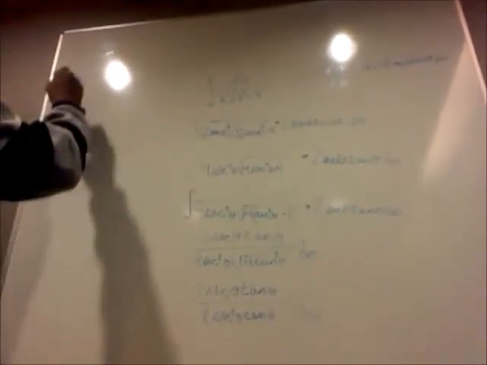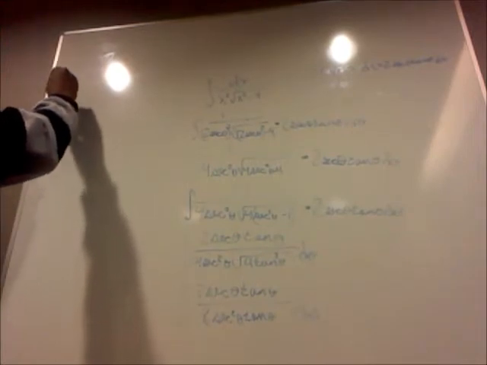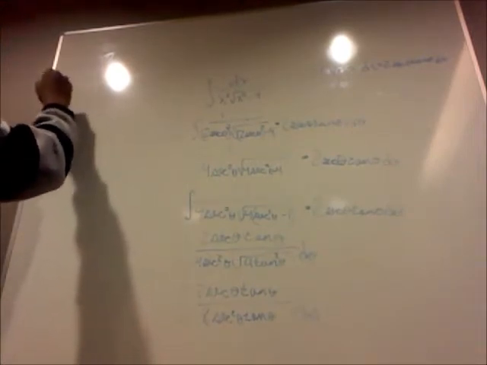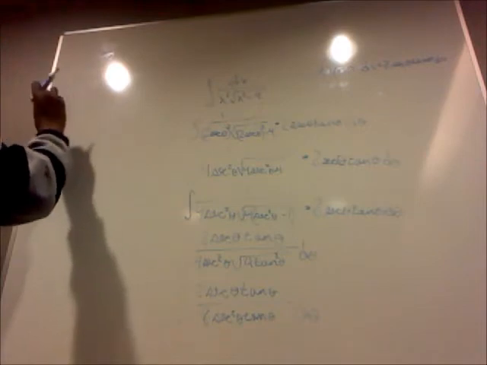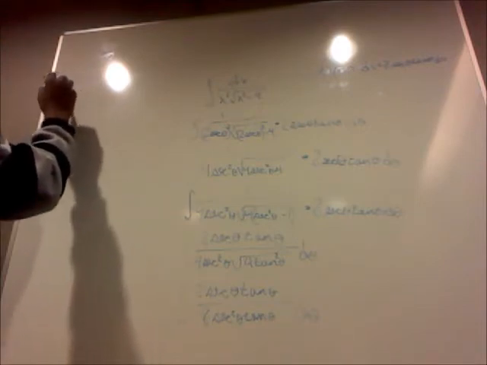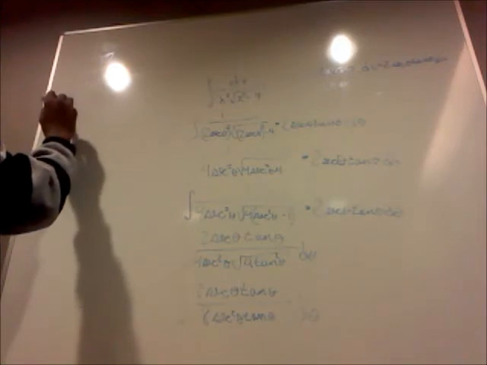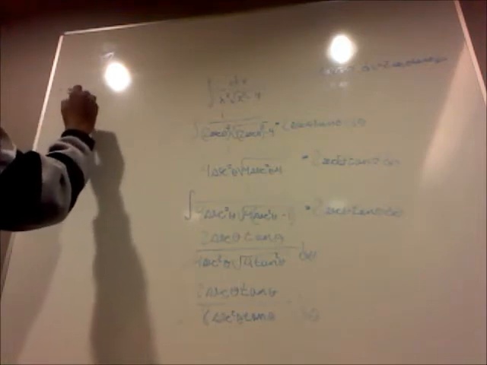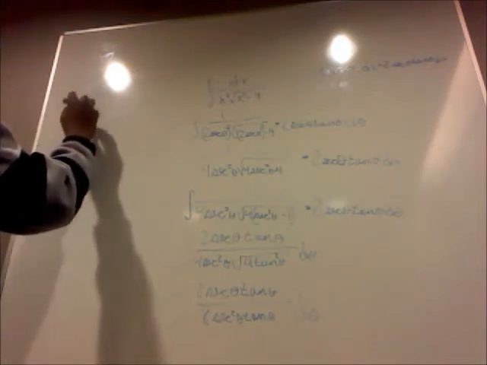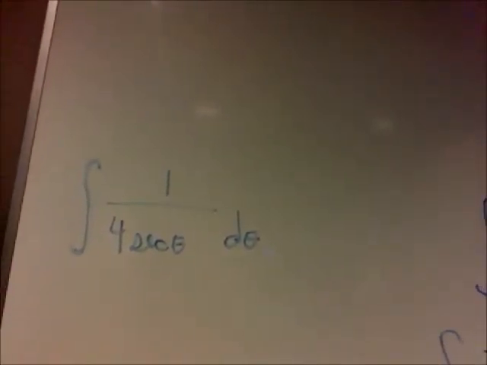And I'm going to go ahead and write that up here. So this is the problem now, this integral of 1 over 4 secant theta d theta.